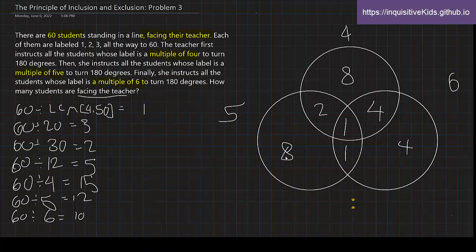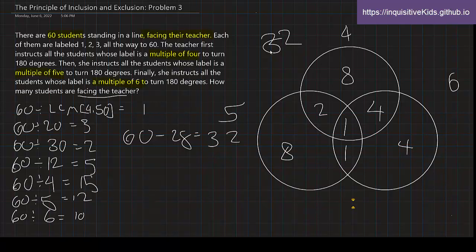So 8 plus 8 is 16. 16 plus 4 is 20. 20 plus this 4 is 24. And 24 plus this 4 is 28. So we have 28, and 60 minus 28 gives us 32. Meaning that there were 32 that were not counted in this entire Venn diagram. They're just somewhere hanging out outside the circles.